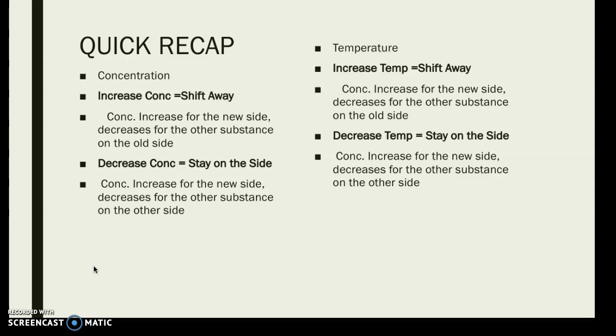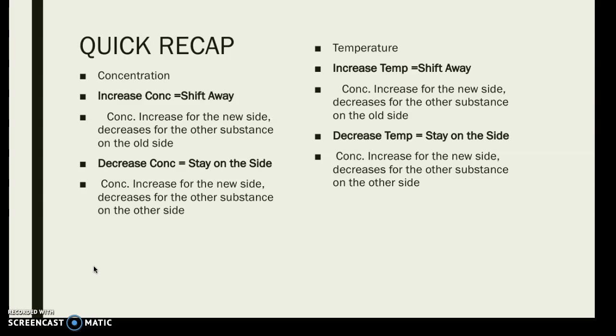So wherever temperature moved to is going to help that side, and in comparison, the old side will look like it decreased. When we decrease temperature, we're going to stay on the side that we removed it from. Whatever we take, we're going to replace. So that means that side's concentration will increase, and the other side that doesn't have temperature would decrease in comparison.